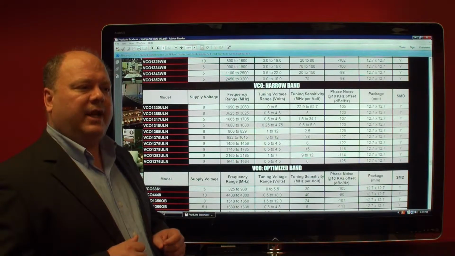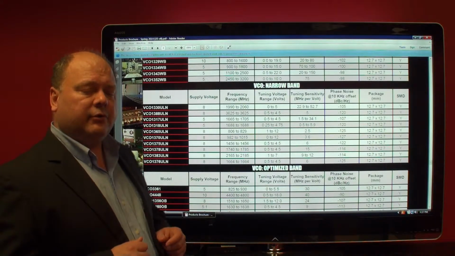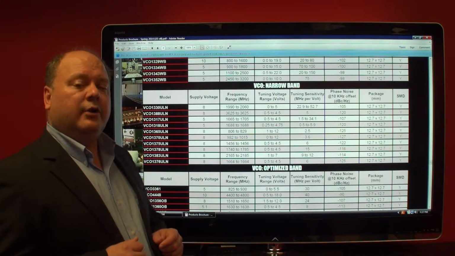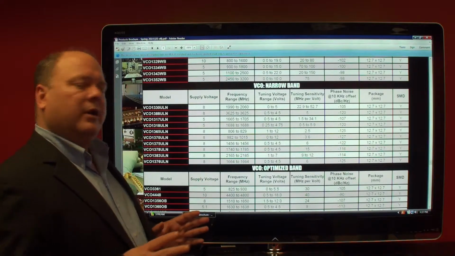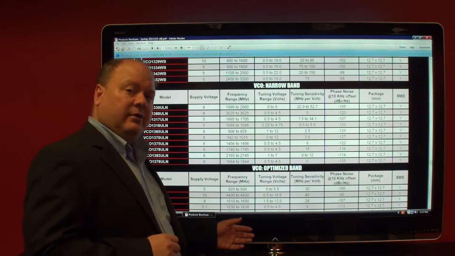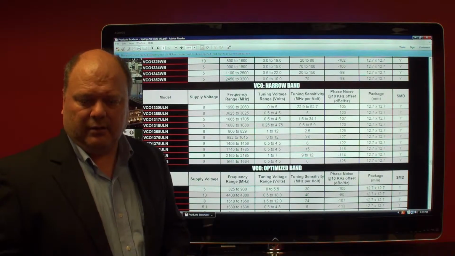We have a standard family platform that we offer customers, 12.7 by 12.7 millimeter surface mount. We can design any VCO a customer needs, from all the way down to 5 megahertz, all the way up to beyond 10 gigahertz.